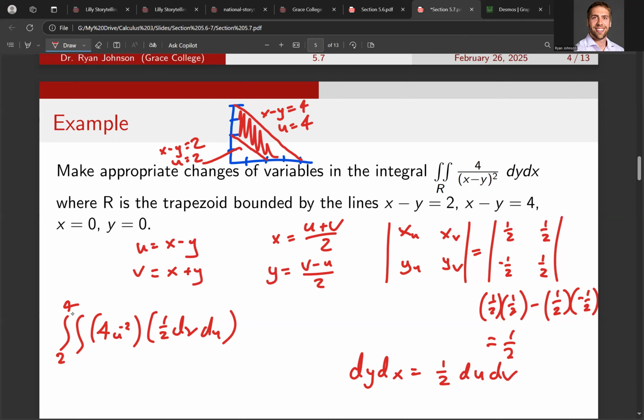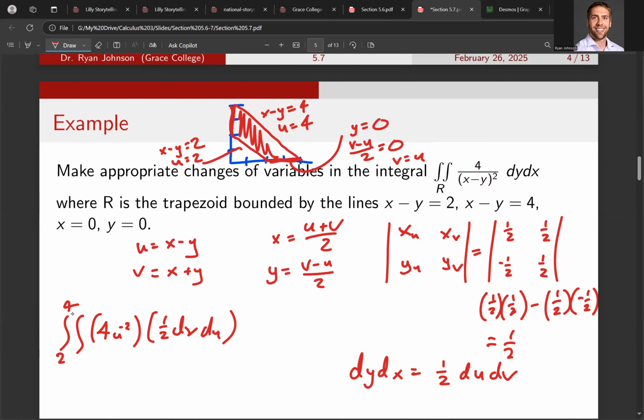But I have other bounds on my shape, this line and this line. This line is basically y equals 0. So if y equals 0, that means v minus u over 2 equals 0. Otherwise, it could be written as v equals u.